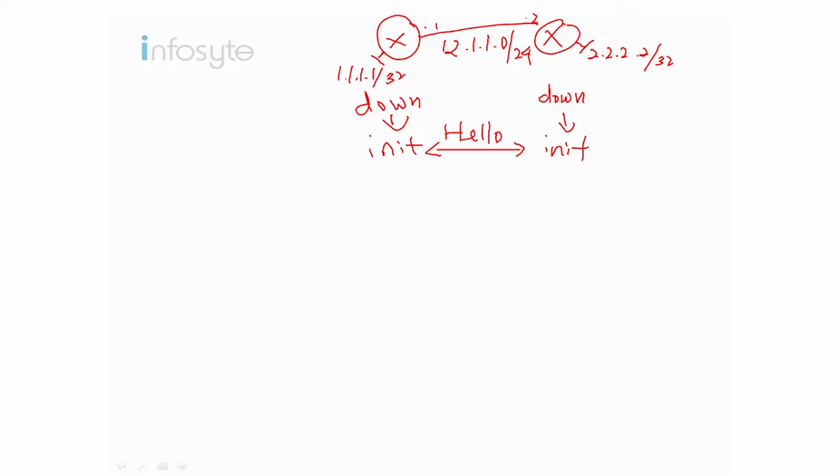Within the Hello packet, what do we need to concentrate on? What are they going to compare inside the Hello packet? They are concerned with your network mask, which needs to match, and also which area you belong to is very important.